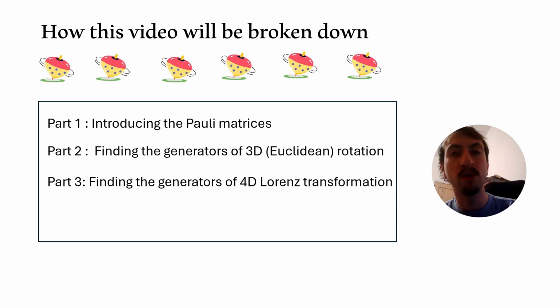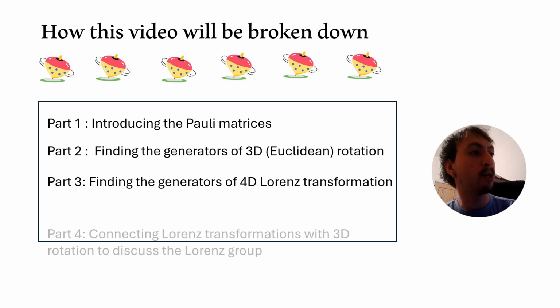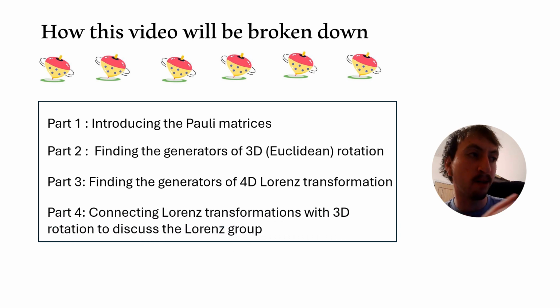And given we want to connect Lorentz transformations to 3D rotation, we'll then find the generators of the Lorentz transformation before bringing it all together. Although there will be hints along the way over how it all connects, in our last part we'll bring it all together to get a good understanding of what spin is. So this is how the video is broken down.